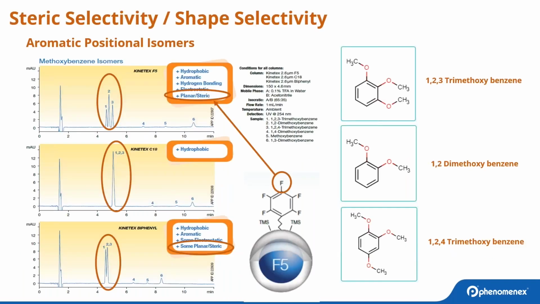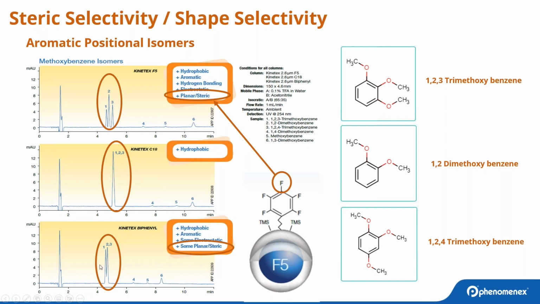For an example of steric selectivity, we're looking at a biphenyl, a C18, and an F5. We're looking at methoxybenzene isomers, and you can see 3 of the isomers here. We didn't list all of them. The F5 will give planar and steric differences where the Kinetex C18 won't, so you just see one peak for the 3 analytes.